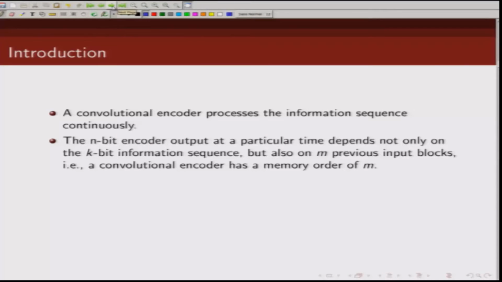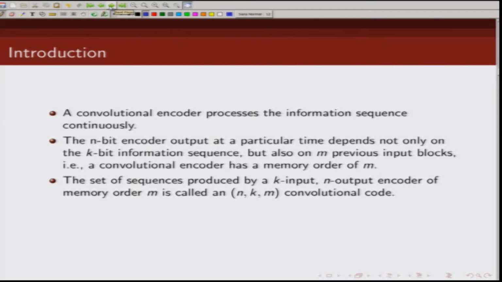And as we have seen, we can realize a convolutional code using shift registers. So, we describe a convolutional code basically as an n, k convolutional code with memory m.